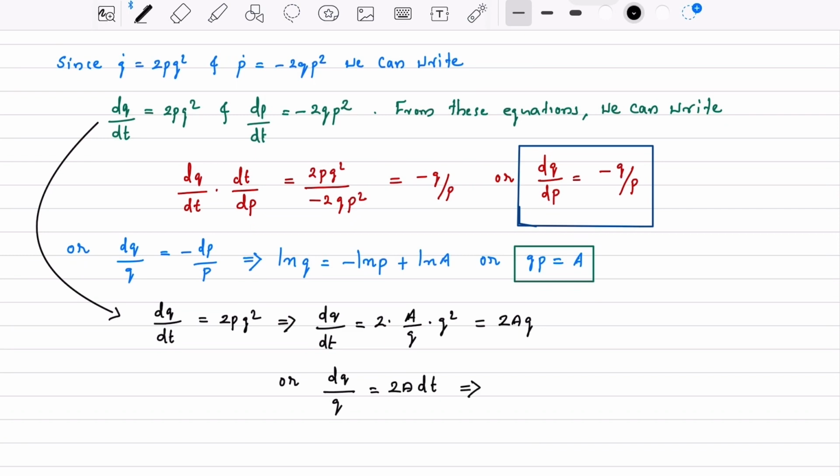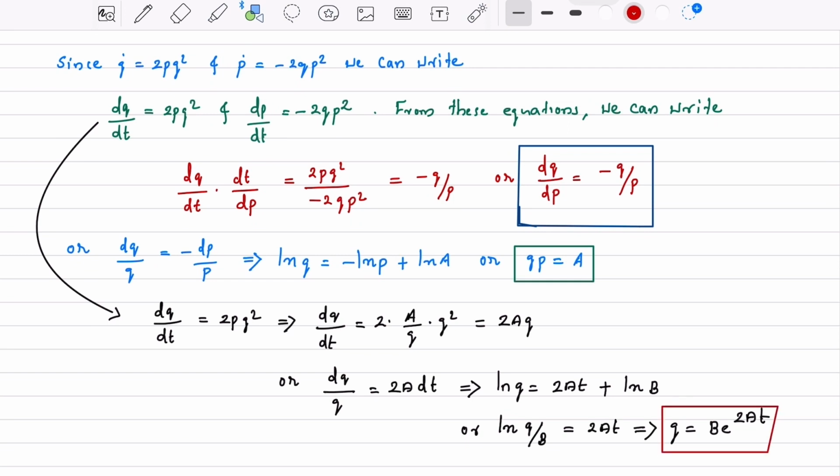Now on integrating we have ln q equal to 2at plus a constant, let it be log b, or ln q by b equal to 2at, or q is equal to b e raised to 2at. This is the expression for q.